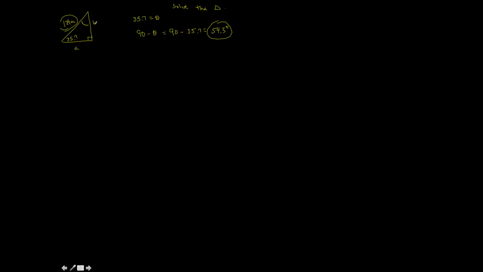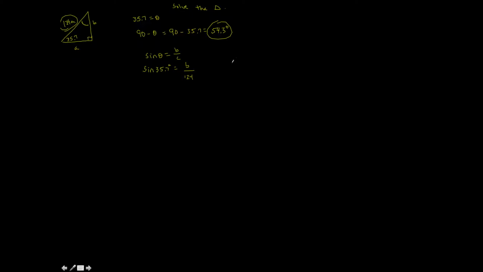Because of that, I know that I'm going to either be using sine or cosine. So, to solve for side B, I'm going to use sine of theta equals B over C. Because I know theta is 35.7. That's what I was given. And I know C. C is 124.